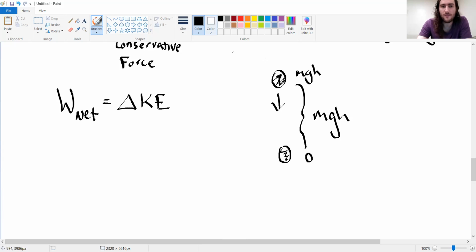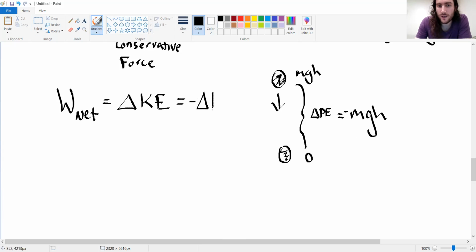As it falls, its change is negative because the final is 0 and the initial is mgh. So the change is negative mgh. So we need to have that minus sign when we define the potential energy.